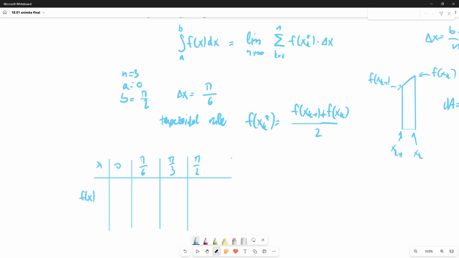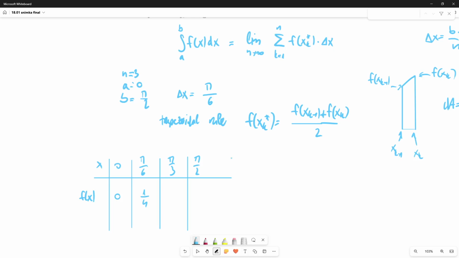Here we calculate f of x. It's sine squared of x. Sine squared of 0 is 0. Sine of pi over 6 is equal to 1/2, and sine squared of pi over 6 is equal to 1/4.